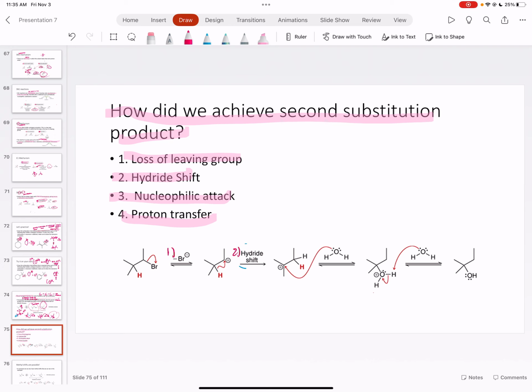We decided to do a hydride shift. Then we're doing a substitution reaction, therefore we're going to do a nucleophilic attack. And since we have an extra hydrogen in there, we just bring back our nucleophile to take out that extra hydrogen that we had, meaning we do a proton transfer, and then we got our final product.